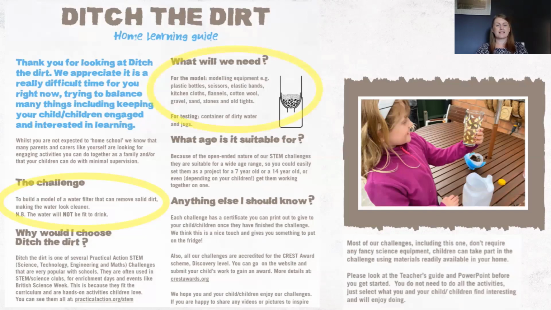There's equipment, and for the majority of the STEM challenges, it's things that can be found really easily around schools, around the home, and it's not specific resources that need to be used for this. So junk modelling, things like that. It also tells you where to find out more information. So if you are looking at the home learning guide, it gives you places to go on the Practical Action website where you can find out other things, PowerPoint resources and such.